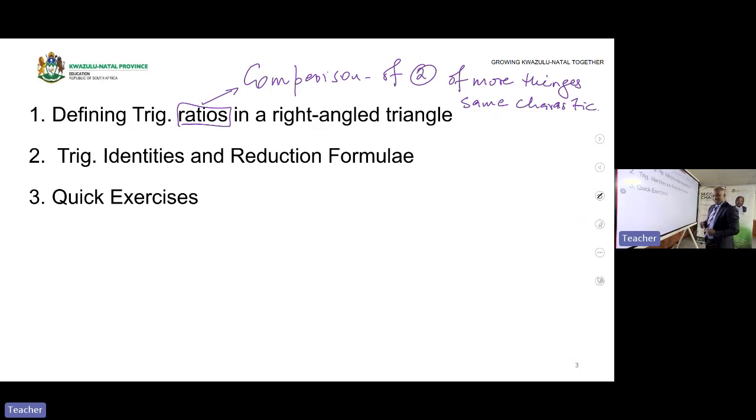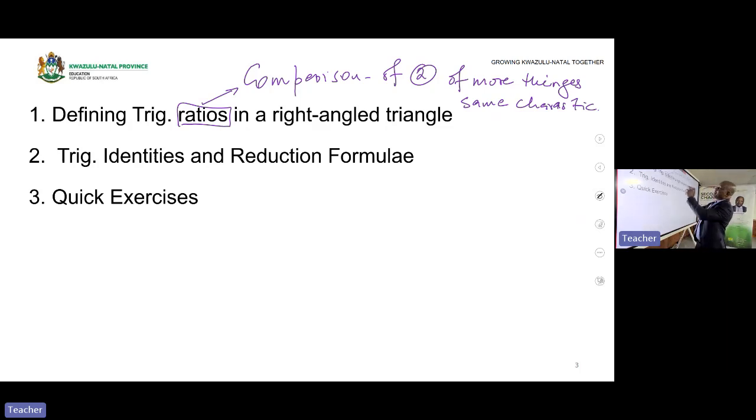Then we'll be told that a liter of diesel will be 32 rand per liter. You are now comparing two things, money and diesel. So what do we call that? We call that a rate, because the amount will increase based on the number of liters of the diesel or petrol. Then that becomes a rate.